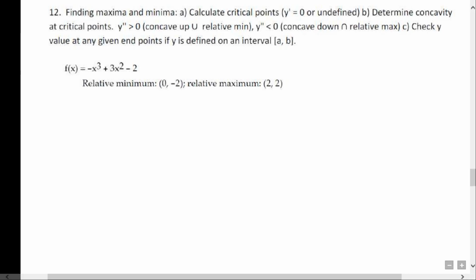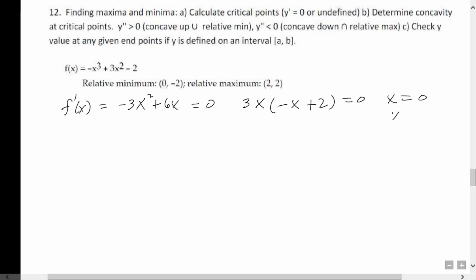Okay, the first derivative of f of x is minus 3x squared plus 6x. We set it equal to 0, and we factor out a 3x and get minus x plus 2 equals 0. So we get x equals 0 and x equal 2 are the critical points.